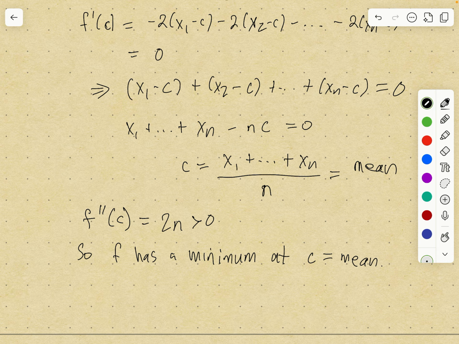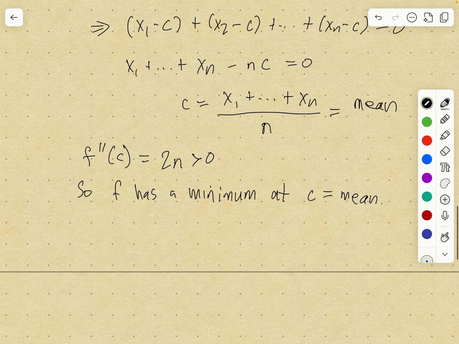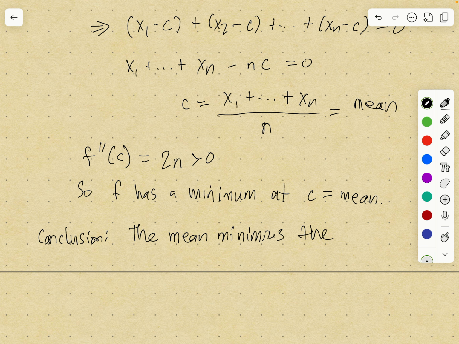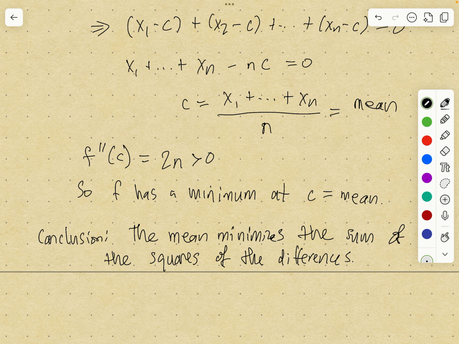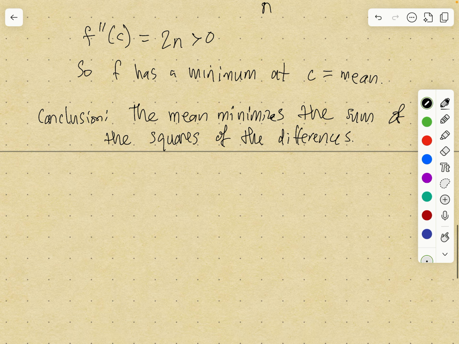So the mean is the number that minimizes the sum of the squares of the differences. The mean minimizes the sum of the squares of the differences. That's kind of interesting.